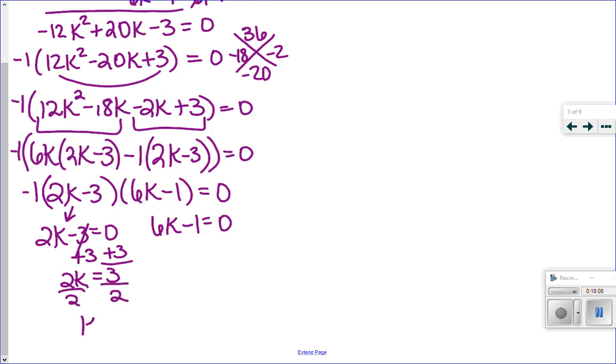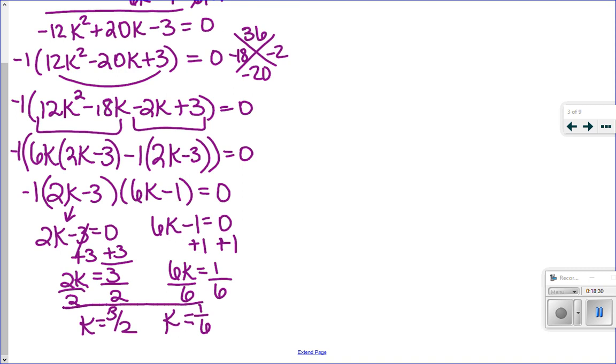So if you paused it and you worked it and then you're checking and you got 3 over 2, you are in good shape. And for the other one, if you got for your second case solution a 1/6, then you are a rock star officially. I knight you as a rock star. There it is. Okay, so k can be 3 over 2 or 1 over 6.